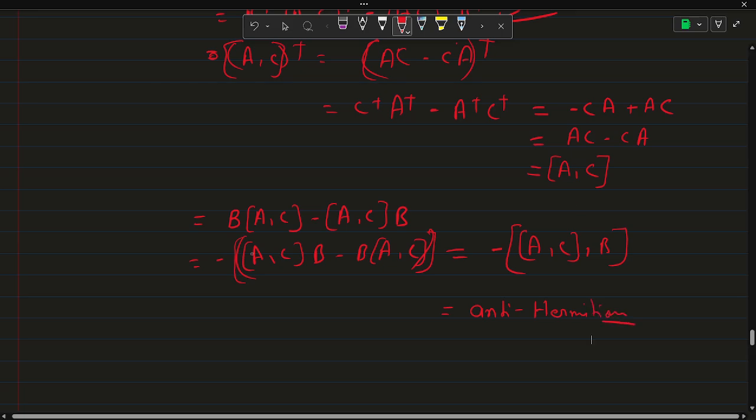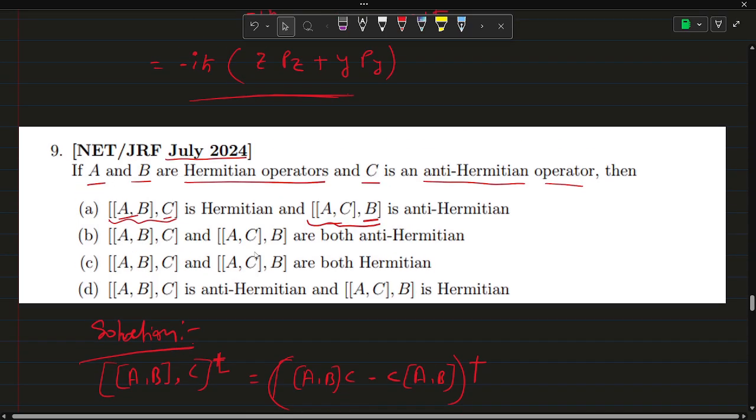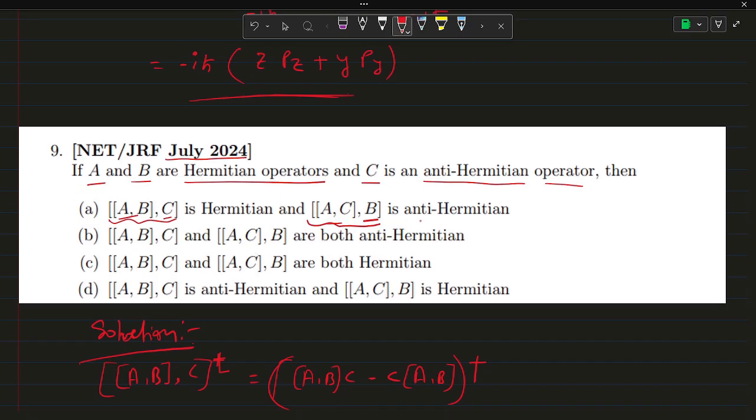Both are anti-Hermitian. So the option is B.